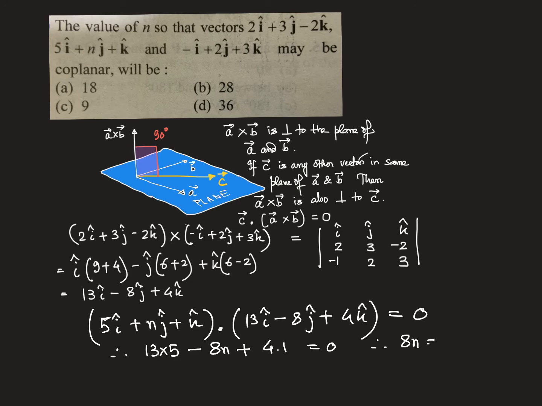Therefore 8n is equal to 13 into 5 minus 4. So 65 minus 4 means 61.